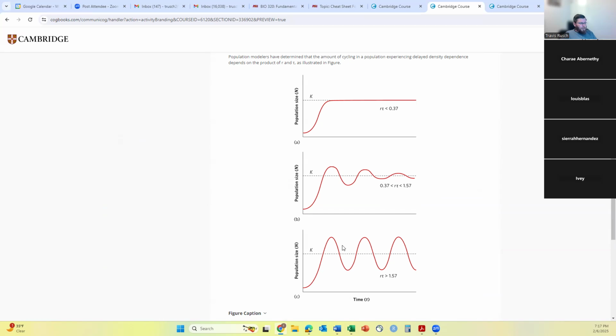This could be some other type of disturbance that's driving the regular overshoot and the regular undershoot. Or these animals might be reproducing really quickly, and in those cases, the lag is less severe. So you're going to see increased oscillations, and these are going to be more stable above and below the carrying capacity.